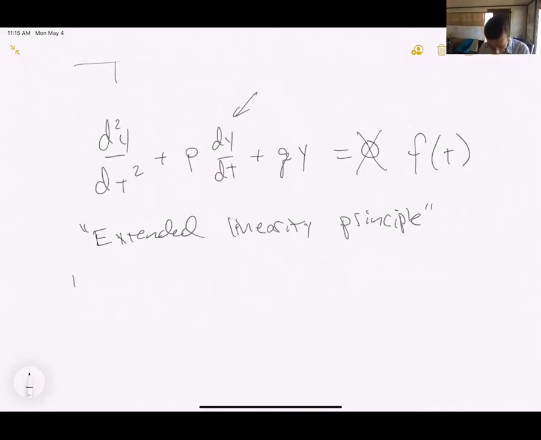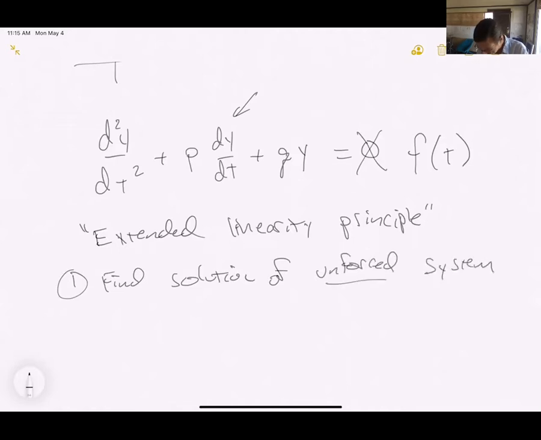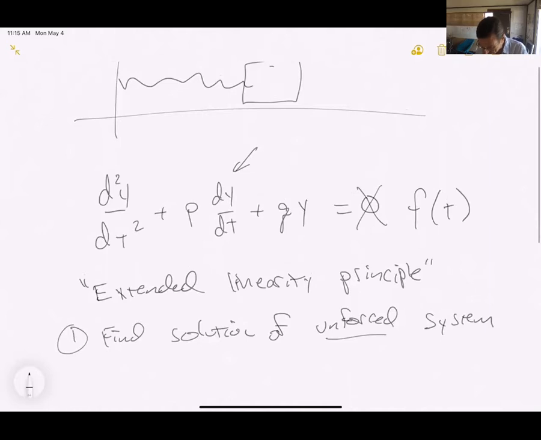So step 1, find the solution of the unforced system. So the unforced system is the one where this is 0. F of t is called the forcing function.